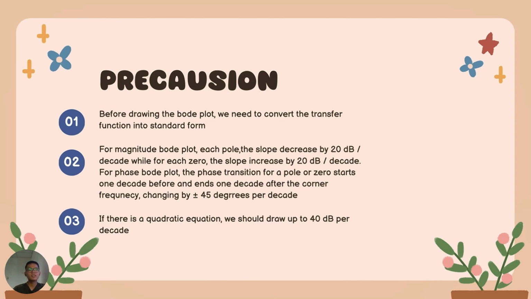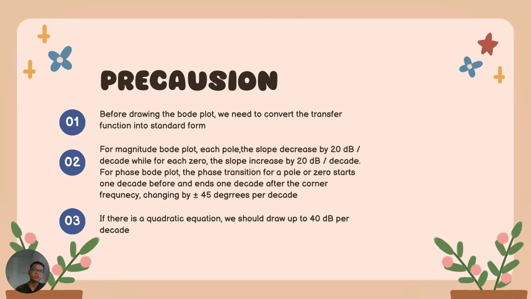First, before drawing the Bode plot, we need to convert the transfer function into standard form. For the magnitude Bode plot, for each pole, the slope decreases by 20 dB per decade, while for each zero, the slope increases by 20 dB per decade.